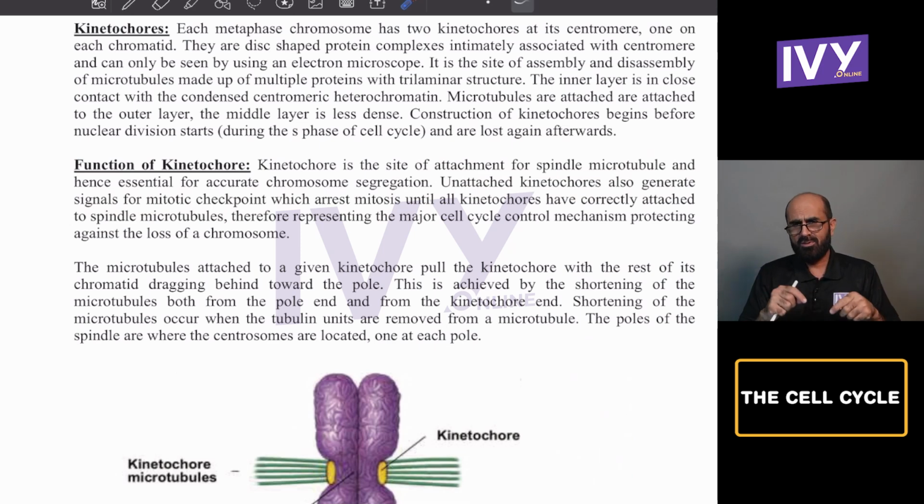But if some of the kinetochores remain empty and no spindle fibers are attached to them, it is a signal for the M checkpoint, which generates a signal and says that the nuclear division should be arrested because the separation of chromosomes will not be equal, as some of the kinetochores are not attached to the spindle fiber.